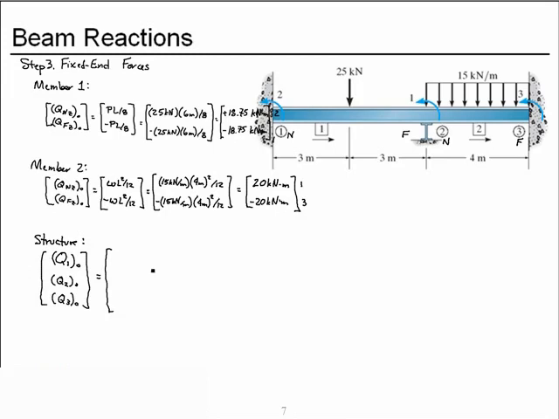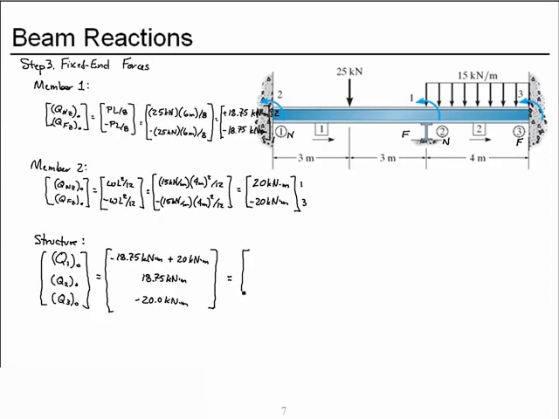So for degree of freedom 1, we have the negative 18.75 kilonewton meters, and we add the 20 kilonewton meters. For degree of freedom 2, we have only the positive 18.75 from member 1, and for degree of freedom 3, we have only the minus 20 kilonewton meters from member 2.